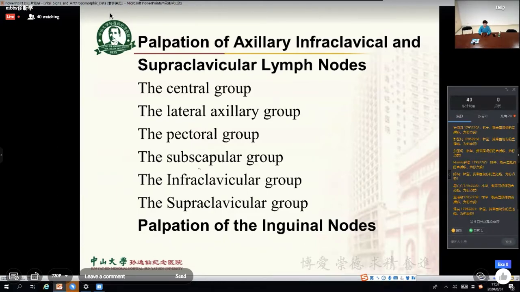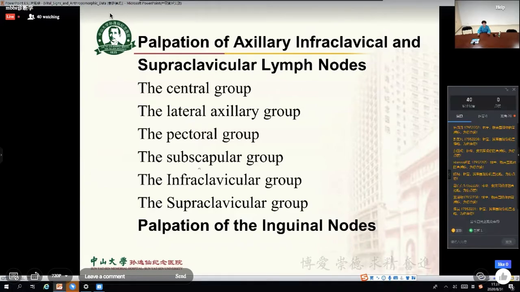But today we have this online lecture, so it's a pity that I cannot perform this physical examination using a real model to show you how to examine the central group, the lateral axillary group, pectoral group, subscapular, and infraclavicular group. So there are 5 groups in the axillary region.